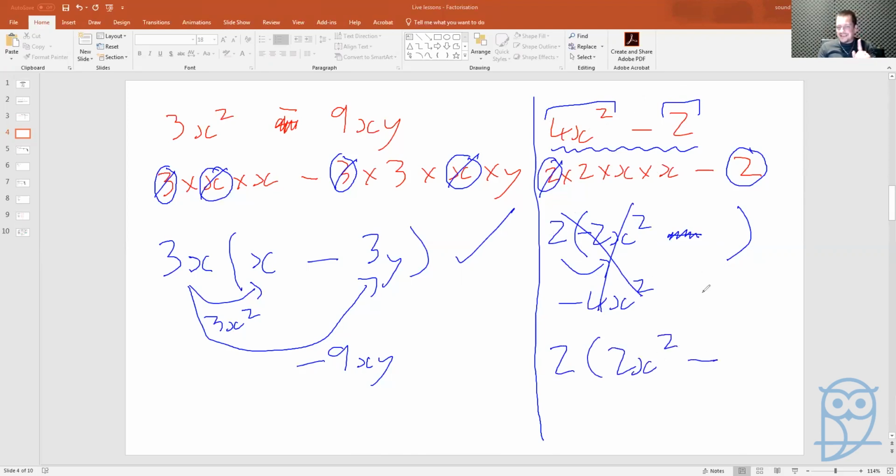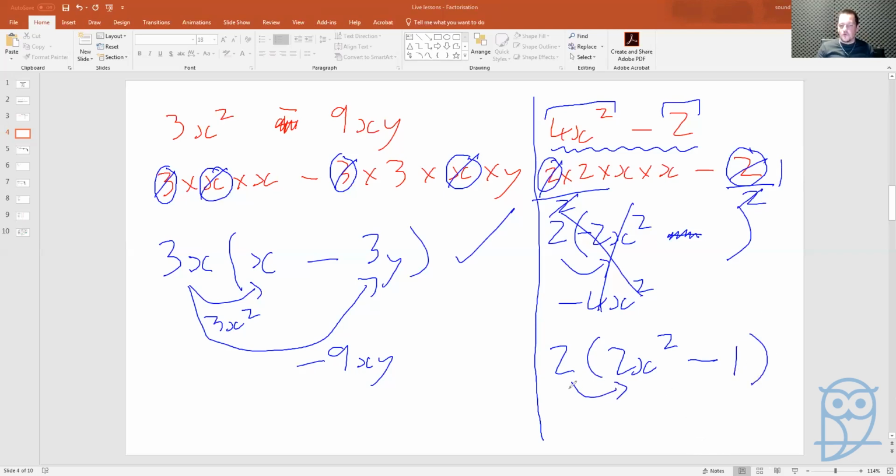But remember, I said, when I take this out, I am dividing. So therefore, I need to divide here. And when you divide, 2 divided by 2 gives me 1. And that 1 needs to be there.